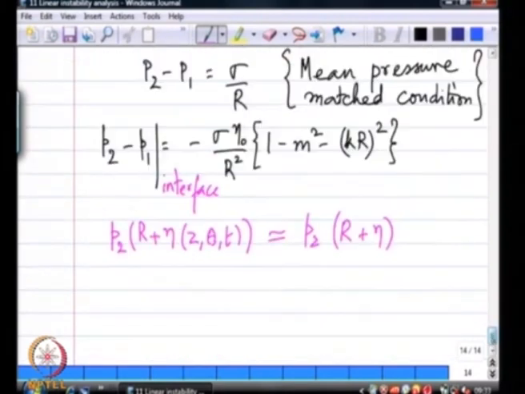You know that eta is the interface location.